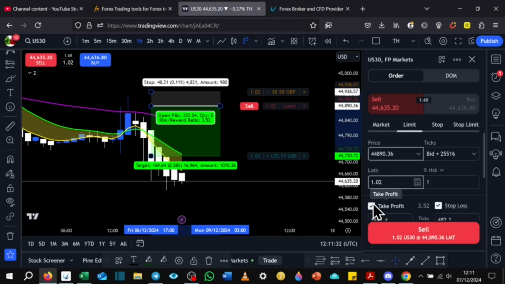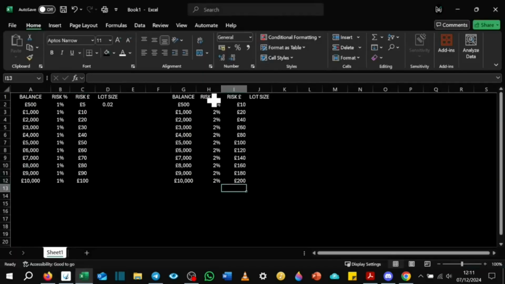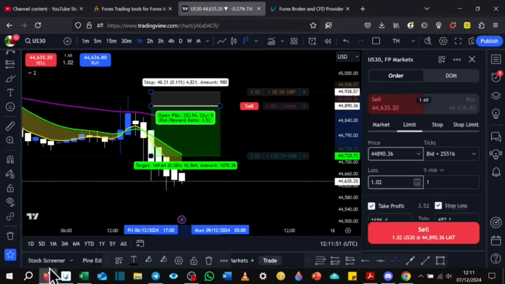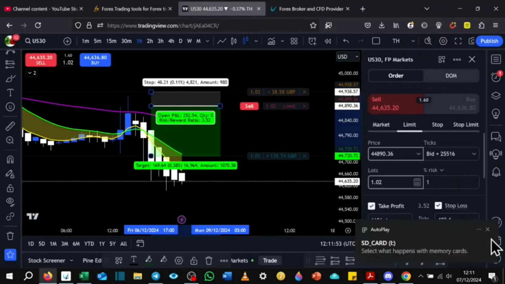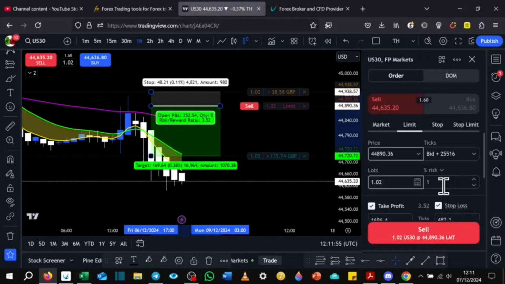and it's different for the account balance. Now, if you increase the risk, if we go over here, if we want to risk 2% of, say, a £1,000 account, it should roughly be about £20. Well, it is £20 that it should be risking. So for this example, if we've got a £1,000 account, we should be risking 2%.